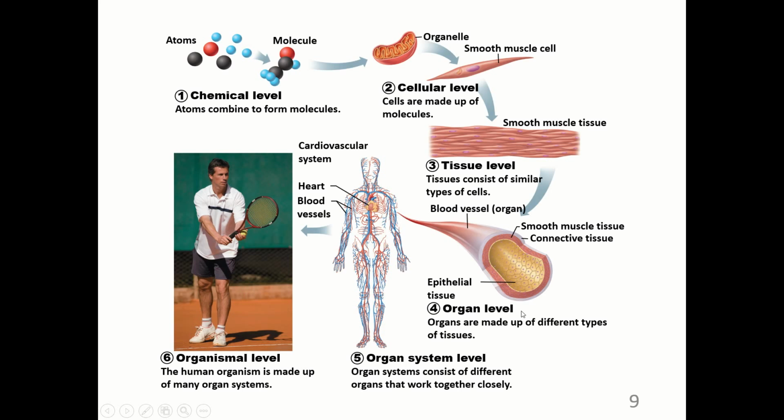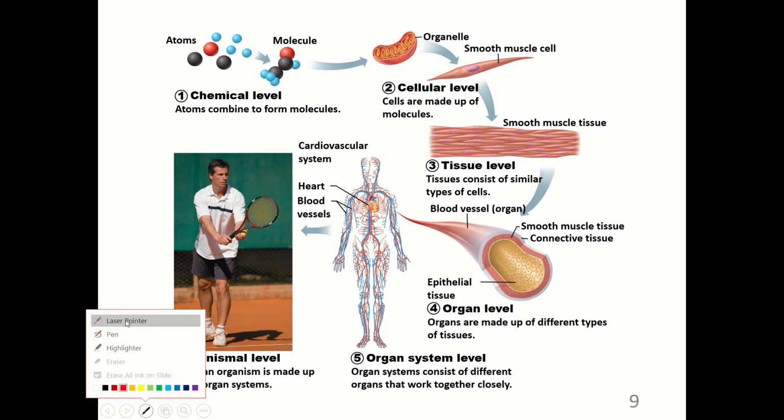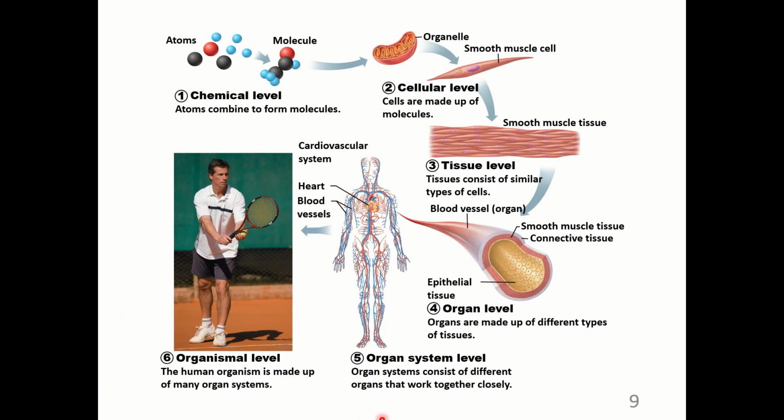The organ level is made up of 2 or more different types of tissues. The organ system level contains organs that work closely together. And the organism is made up of many organ systems. The circulatory system is the system illustrated in this slide.